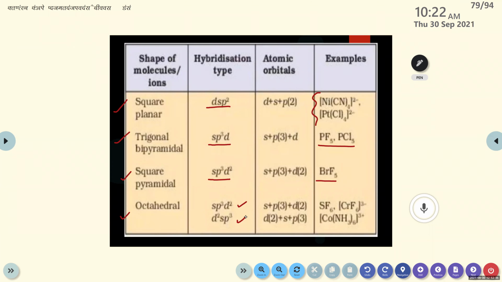Okay, then you can write it fast. Aditya, finished?